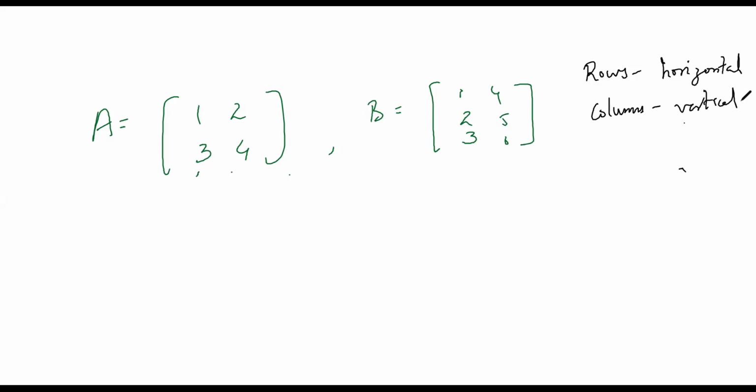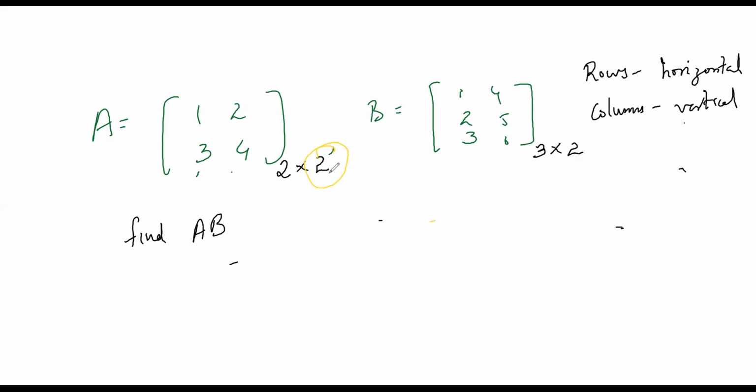Fine. So column will come first. 2 columns. Here it is how much? 3 rows. And the second thing is the columns: this is 2 by 2, and this is 3 by 2. So if I am multiplying AB, the question is find AB. We have to remove the second element in this.